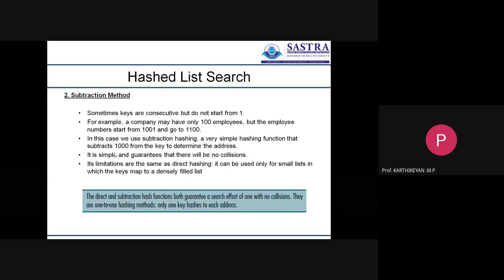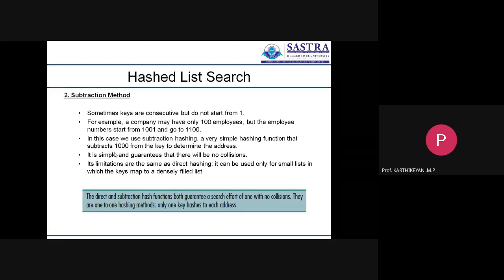What it gives is the address. 1001 minus 1000 gives 1, so employee 1001's record is available in the first index. Employee ID 1002 minus 1000 gives 2, so his details are available in the second index of the array. So this is the subtraction method. This is more or less equal to the first method, the direct method.